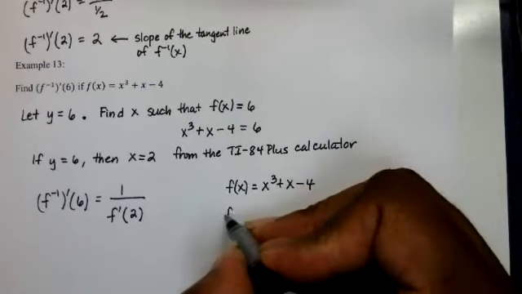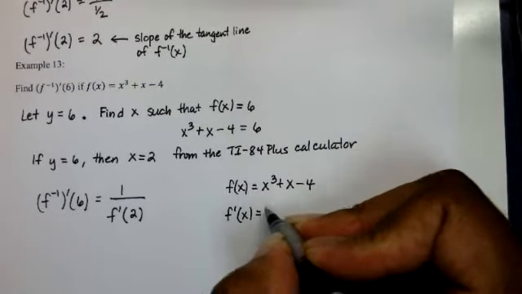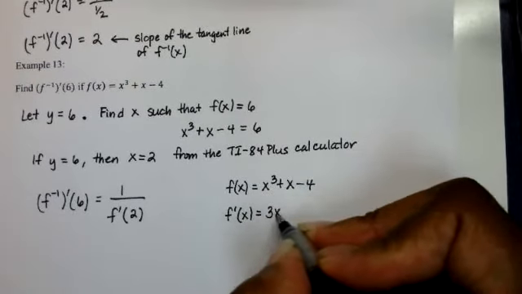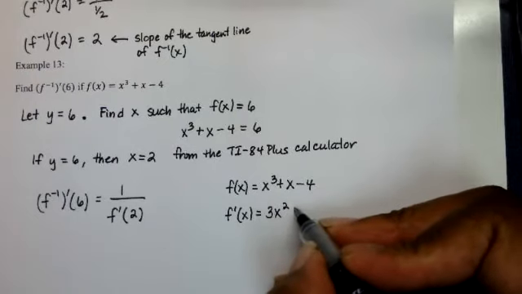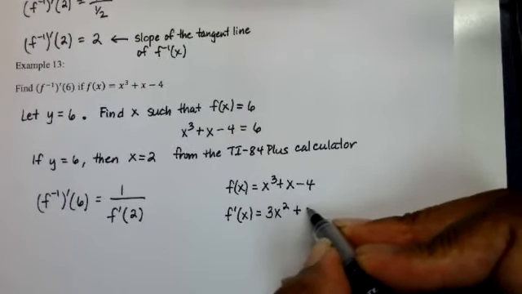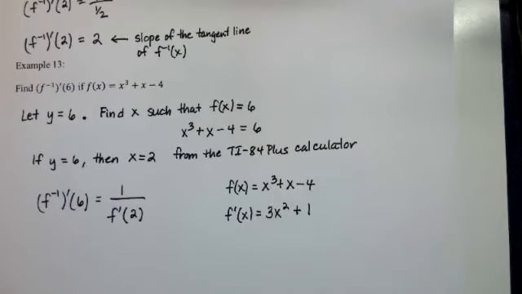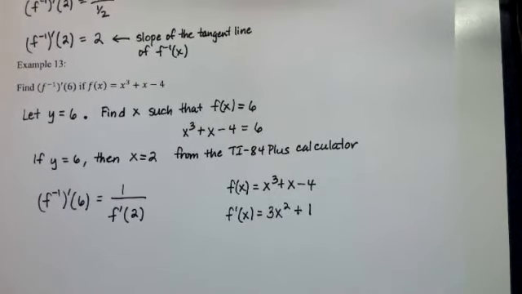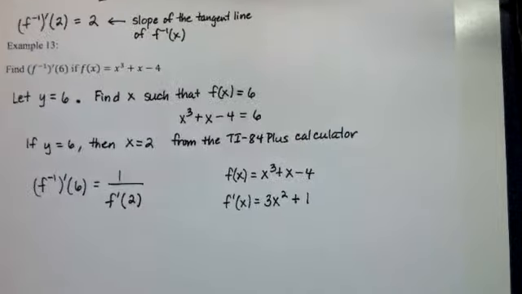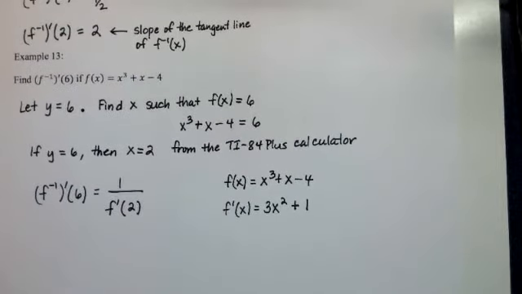So f prime of x would be, bring the 3 down, copy the x over to the one less power, that's 3x squared, plus the derivative of x is 1. The derivative of any constant is 0. So f prime of x will be equal to 3x squared plus 1.